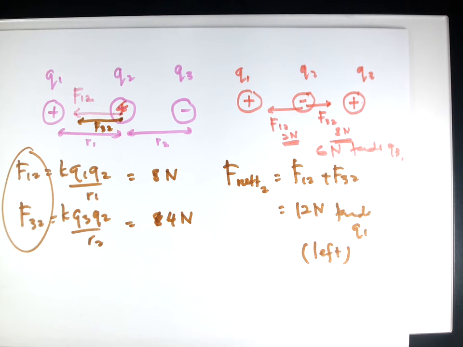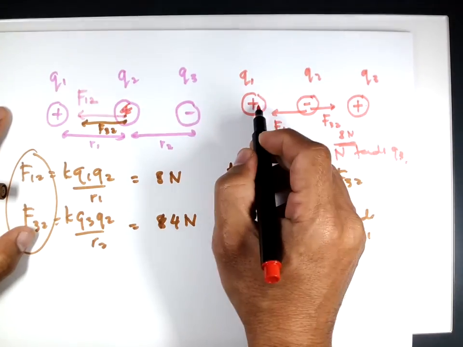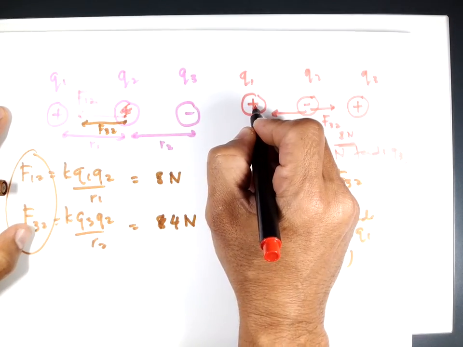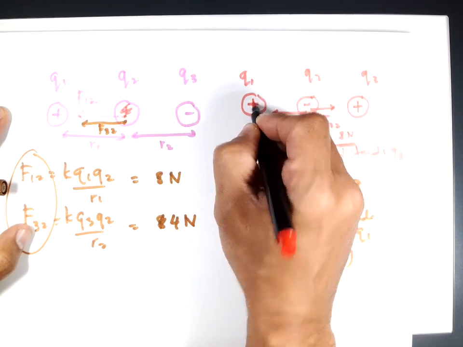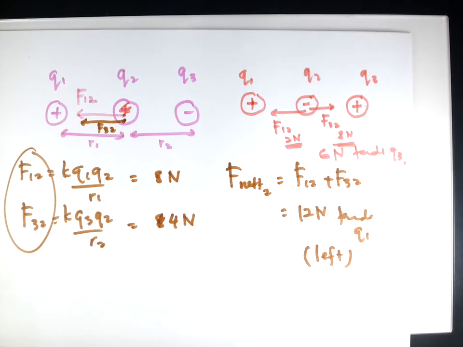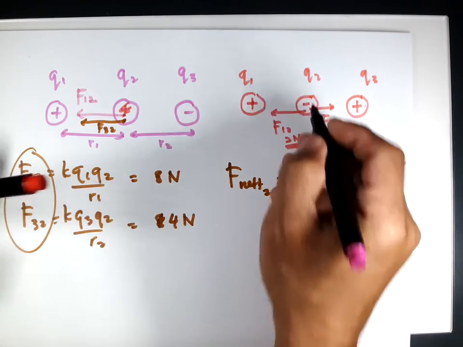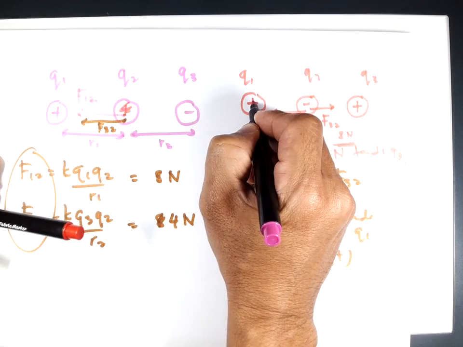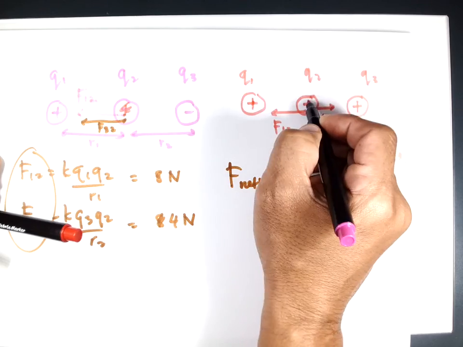Okay, let's say I change the question. Calculate the net force at Q1. Okay, this question. Calculate net force at Q1. So this one will be acted on by Q2 and by Q3. So first thing you draw. So what happens? This one will move, because this is what we are asked about. So this is negative.